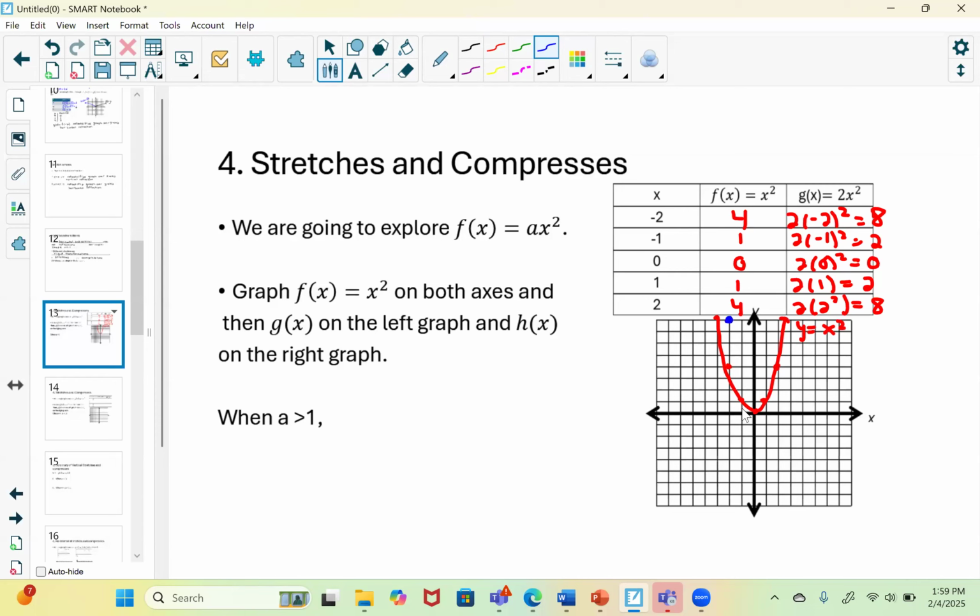My x value is negative 1, but now I'm at 2. 0 did not change, because 0 times anything is still 0. When it's at 1, it's at 2. And when it's at 2, my y value is at 8. So I'm going to go 2 over, up 8.